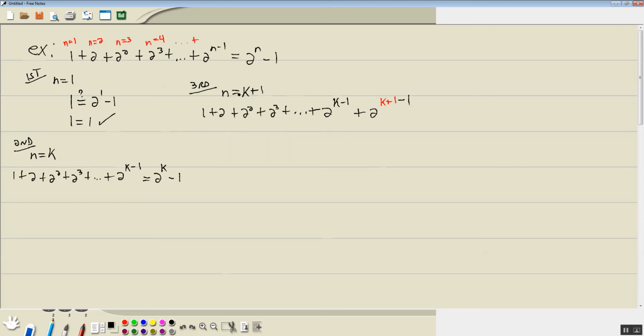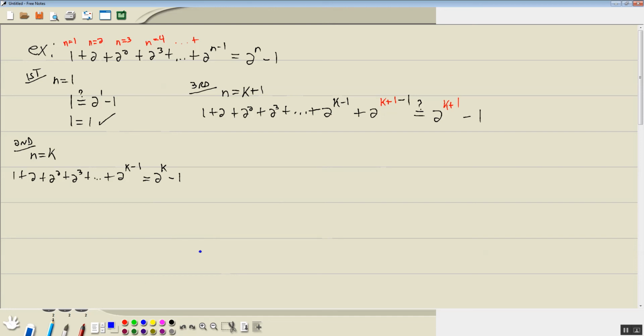Now keep in mind what I'm doing. I said n is equal to k plus 1, so I'm plugging in the k plus 1 for the n right here. And we're trying to show that that's true if I plug in the k plus 1 for the n over here. So I'm going to have 2 to the k plus 1 minus 1 to the side.